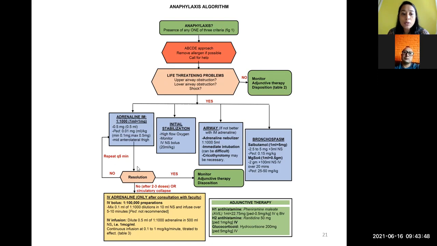And we watch for resolution and repeat the dose of IM adrenaline if required. If we have refractory shock and patient is in circulatory collapse and not responding to IM adrenaline, we go for IV adrenaline infusion, which can be very tricky and which can itself cause some complications. So always consult your seniors and be very vigilant for that. And here comes the adjuvant therapy at the last.